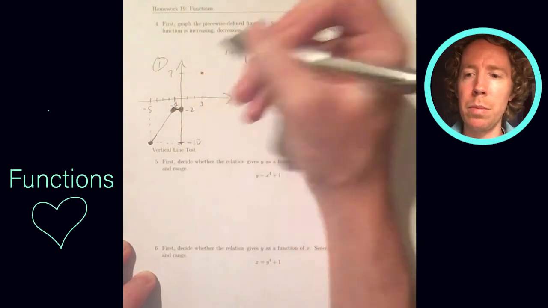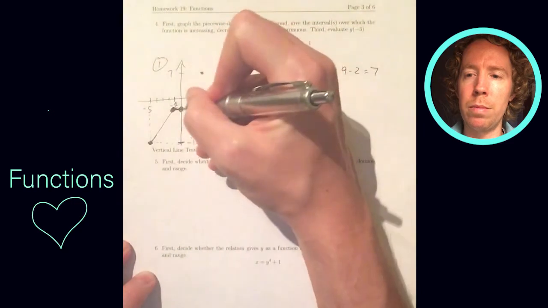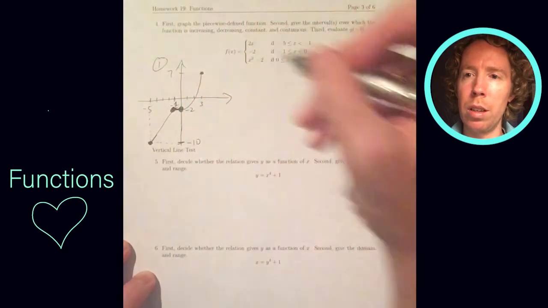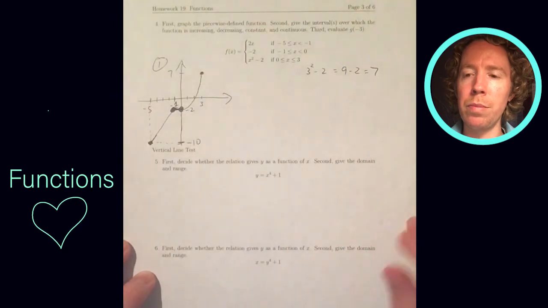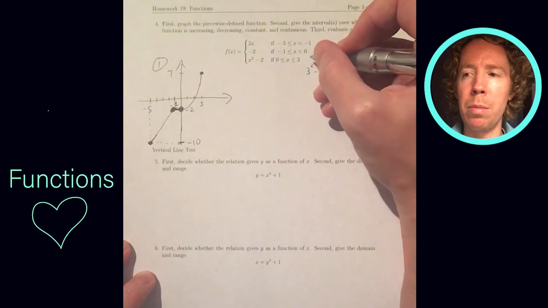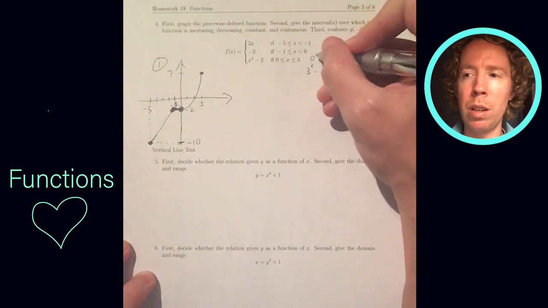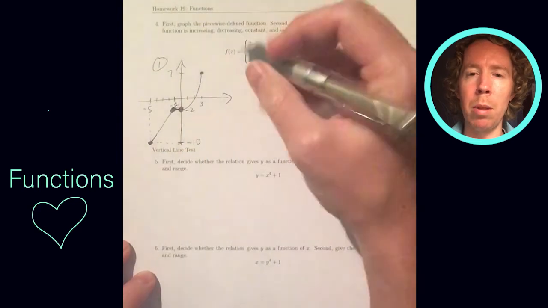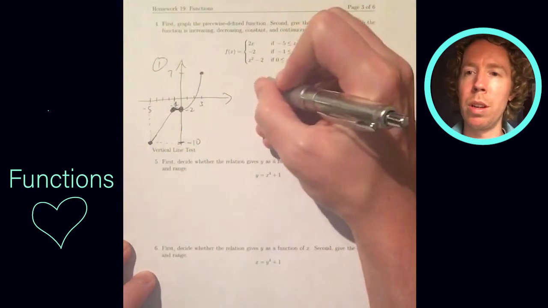I'll plot the point where the graph ends. It's at x equals 3, y equals 7. So the graph looks funny here. It's this slanted line from x equals -5 to -1, flat line from -1 to 0, and then parabola from 0 to 3.